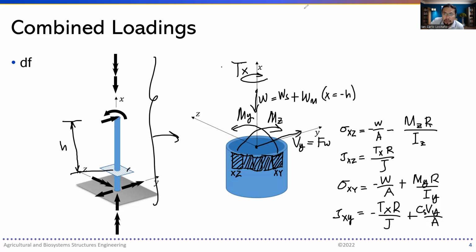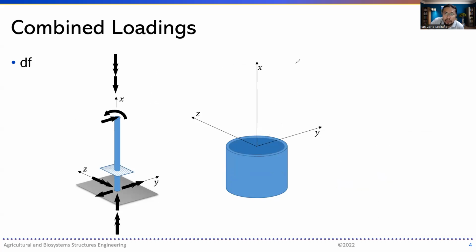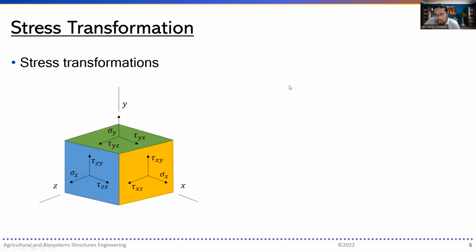So let's take a look at the concept of the transformation of stress when we're looking at a certain body. Let's see what happens to the body if it is subjected to stresses along different dimensions.